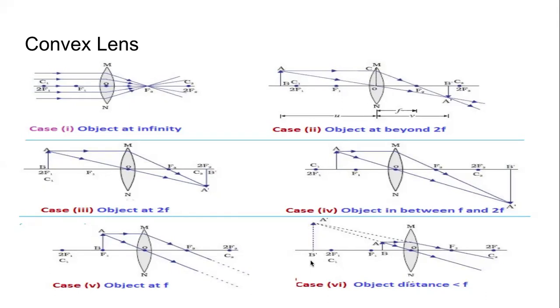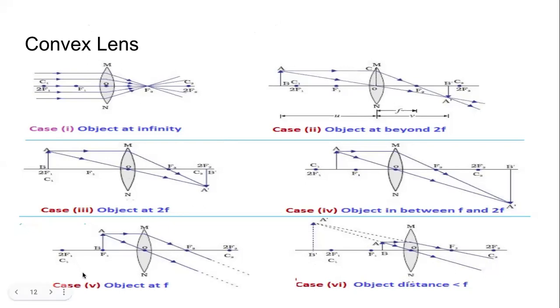What is different about this? It's not about the size. One is location. Yes, it is on the same side as the object, but there is something else that is different. It is not real. Yes.